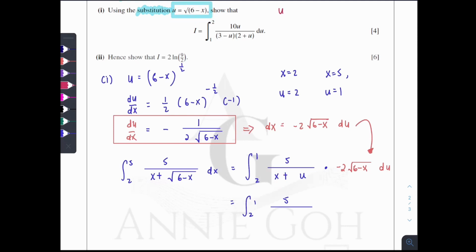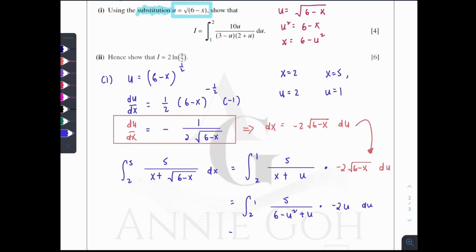The u equals square root of 6 minus x, so we try to make x the subject. u squared equals 6 minus x, where x equals 6 minus u squared. Therefore, now we can substitute x equals 6 minus u squared, plus the u, times negative 2, and square root of 6 minus x is the u, and du.